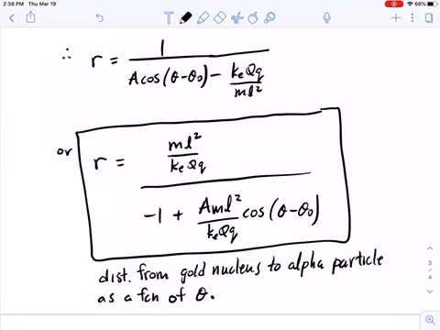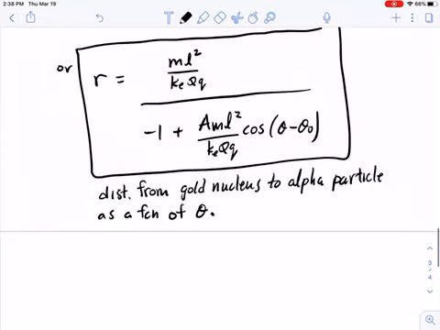Okay, now just like last time, we have two integration constants, A and theta naught. And so what we're going to do is try to figure out if we could come up with an interpretation of what these different constants represent.